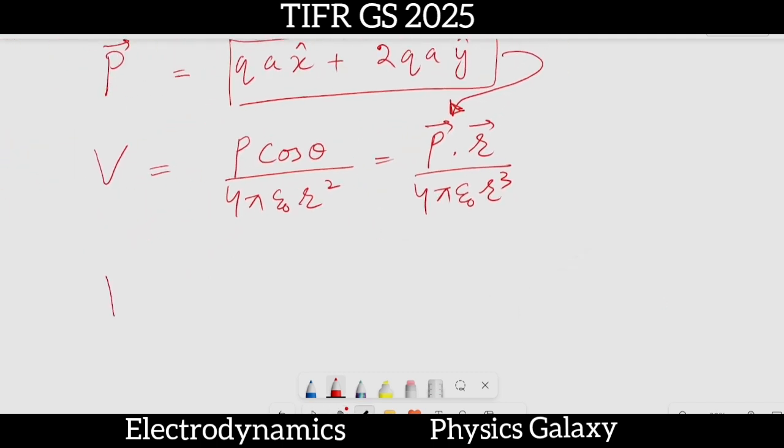So V will be given by 1 by 4 pi epsilon naught r cubed.